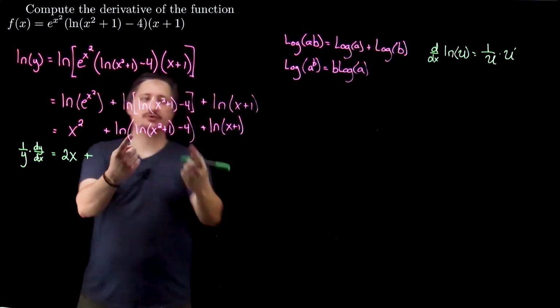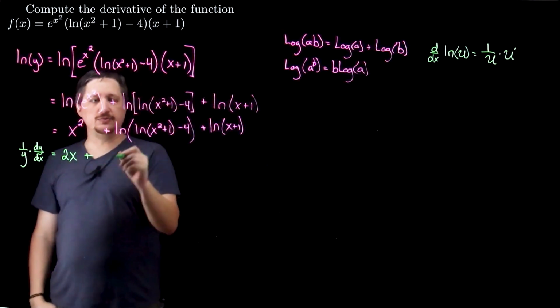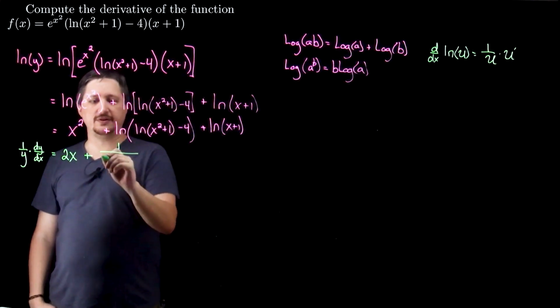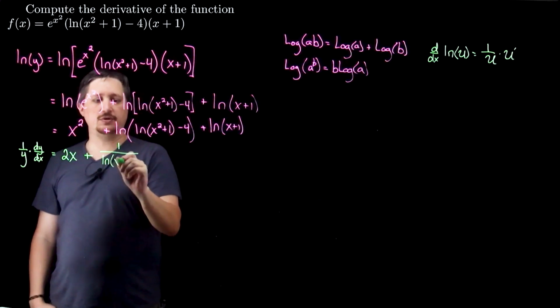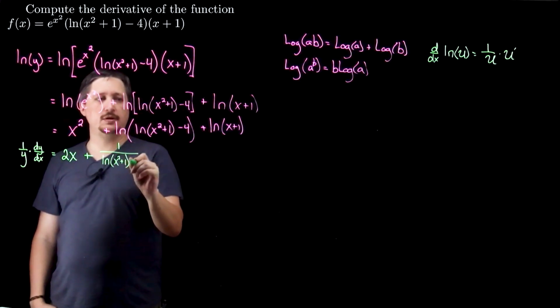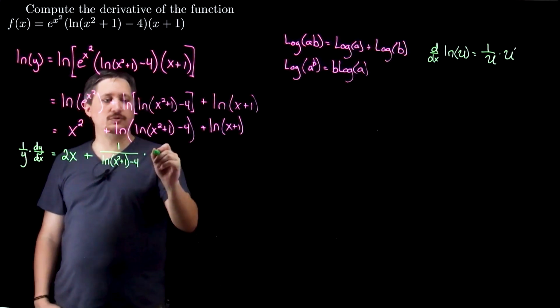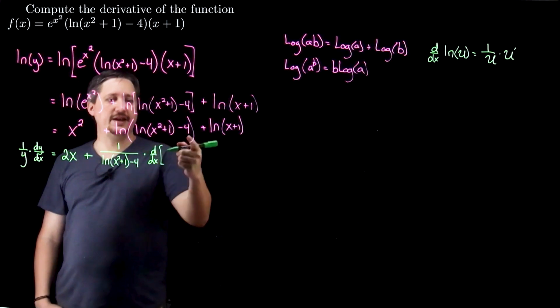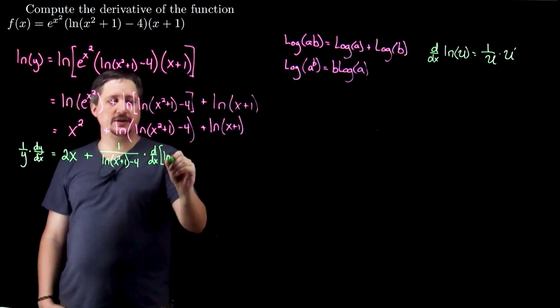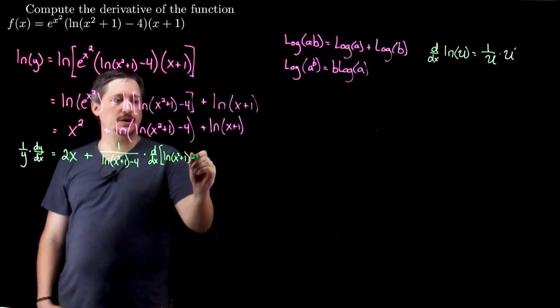So in particular, here I have natural log of a bunch of stuff, so I'm going to get 1 over all of that stuff, natural log of x squared plus 1 minus 4, times, by the chain rule, the derivative with respect to x of the natural log of x squared plus 1 minus 4.